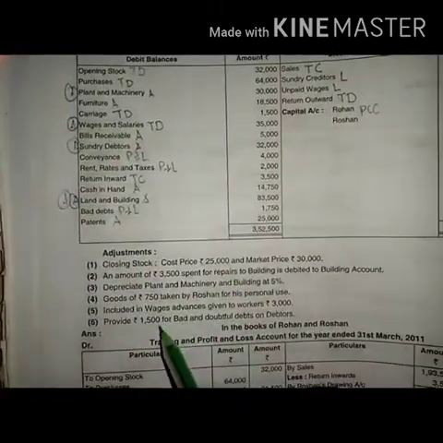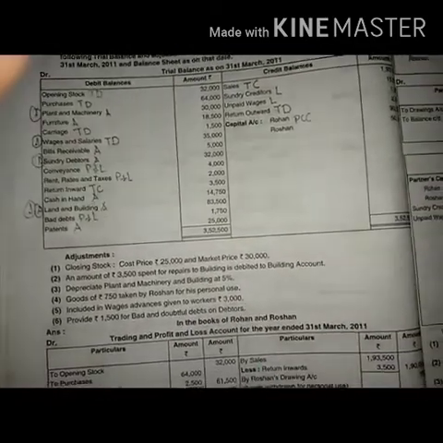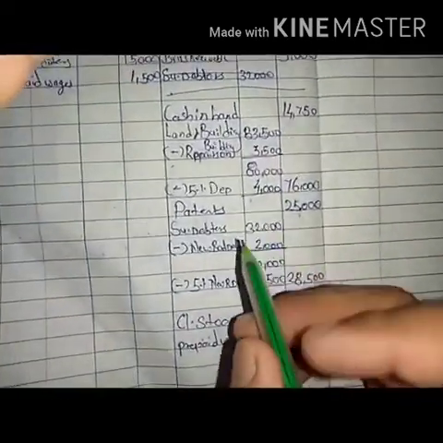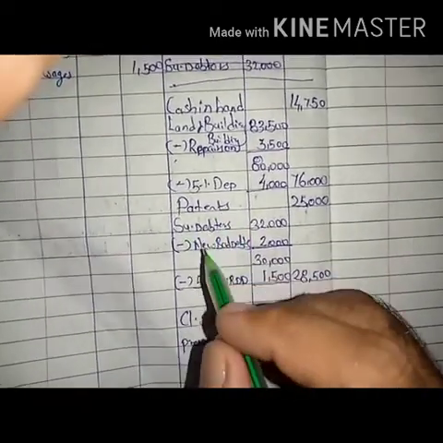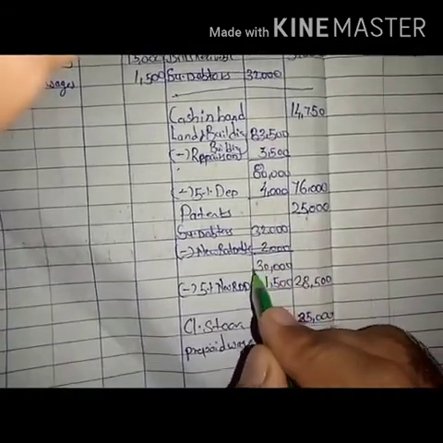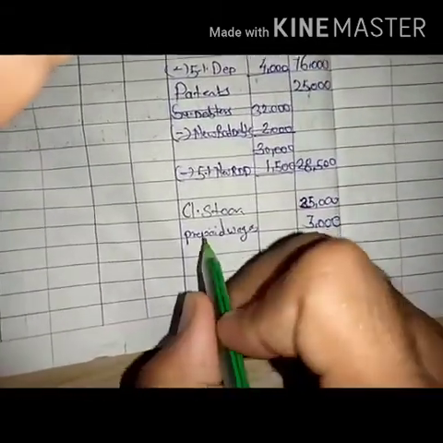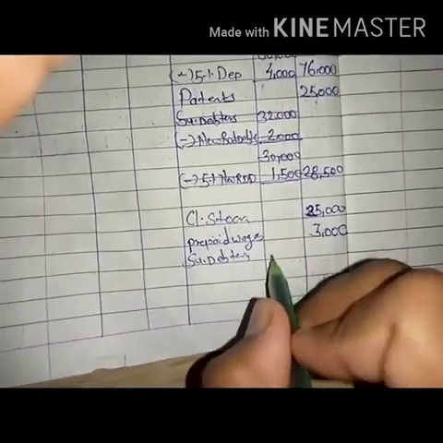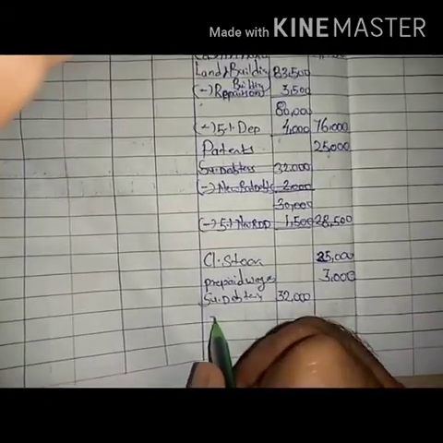Last adjustment. Provide 1,500 for bad and doubtful debt on debtors. As I have mistaken the debtors item, if it is mistaken by you also, you can cut the same item. If it happened with you also, I'm going to write it again. Sundry debtors 32,000 less.